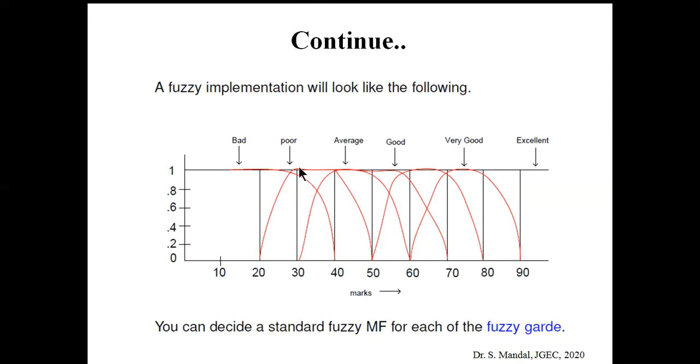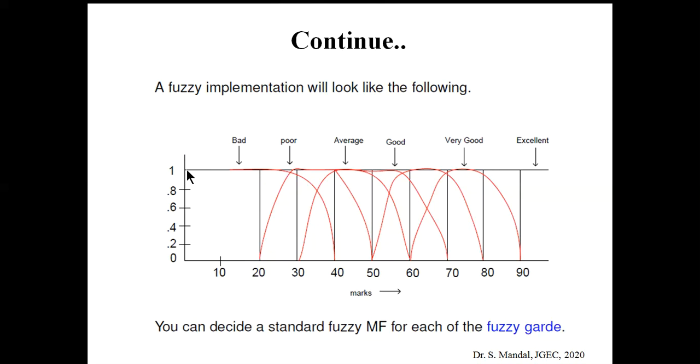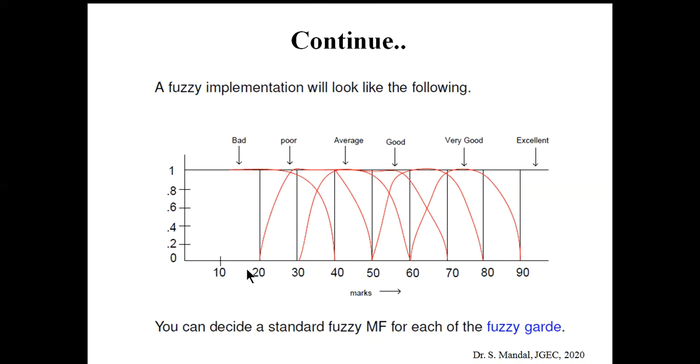If we don't use any kind of fuzzy logic, if you use crisp logic, you can say that for bad, if marks are less than or equal to 35, that is bad. So for crisp logic, that will simply be a rectangular shape.